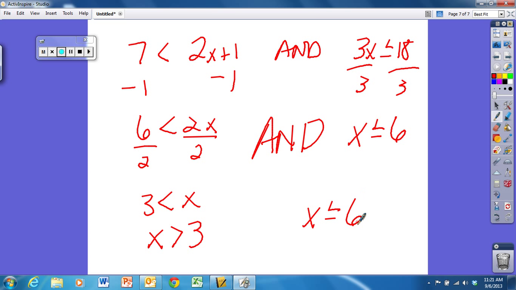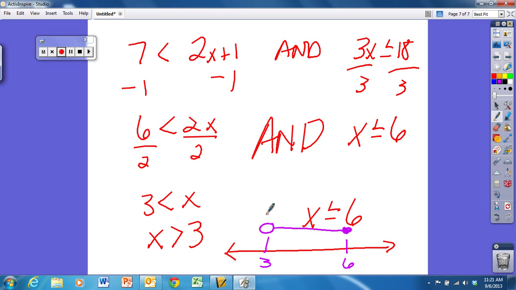So we need to show on a number line that all the possible answers are between 3 and 6, but not equal to 3, possibly equal to 6. So when you have an and problem, the answer is always going to look something like this. It's going to be two things connecting.